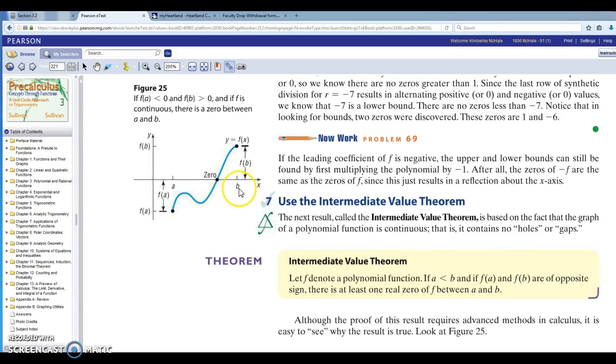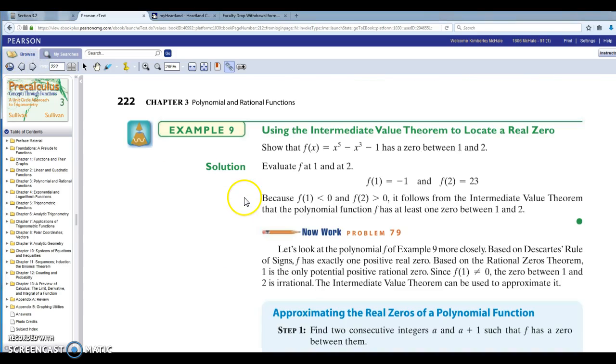So basically, I'm just going to plug in a and b and find out if I have a negative and a positive, and then I'll be able to say, well, it's got to cross the axis somewhere in there. If I look at this example, it says show this function has a 0 between 1 and 2. I plug 1 in, and I see that I get 1 minus 1, which is 0, minus 1, and I get negative 1.